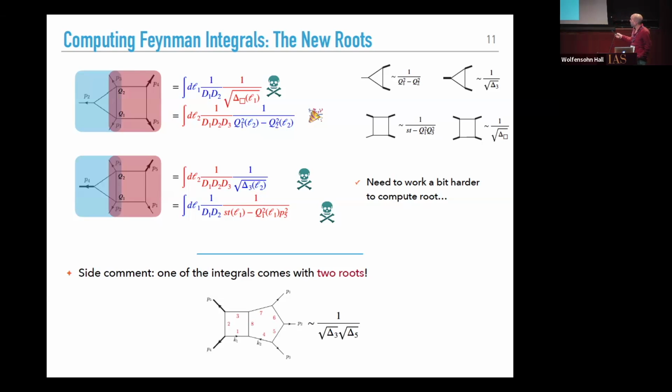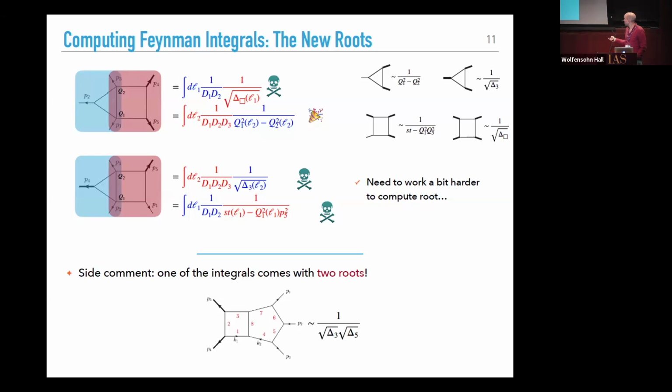If I do it the other way around, though, if I start with the triangle side, then this thing looks more like a propagator, and I can actually go all the way to the end. So this is the case for this diagram. For that diagram, there's no path that is simple to compute, and indeed we will see that this square root caused a bit of trouble in the construction in solving these integrals. So you can do it, but you need to work a bit harder to compute the root.